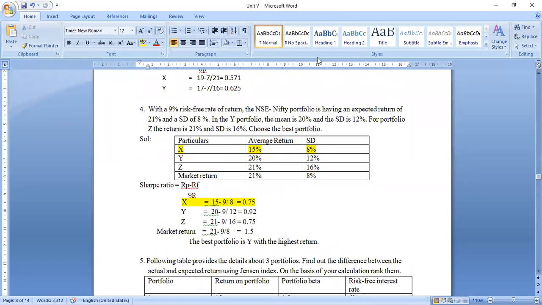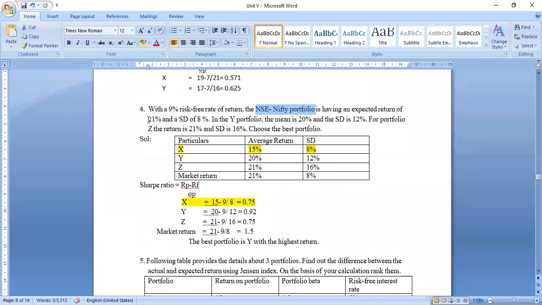With a 9% risk-free rate of return, the NSE Nifty portfolio is having an expected return of 21% and a standard deviation of 8%. Now, when we are speaking about the NSE Nifty portfolio, it is all about market returns, okay?